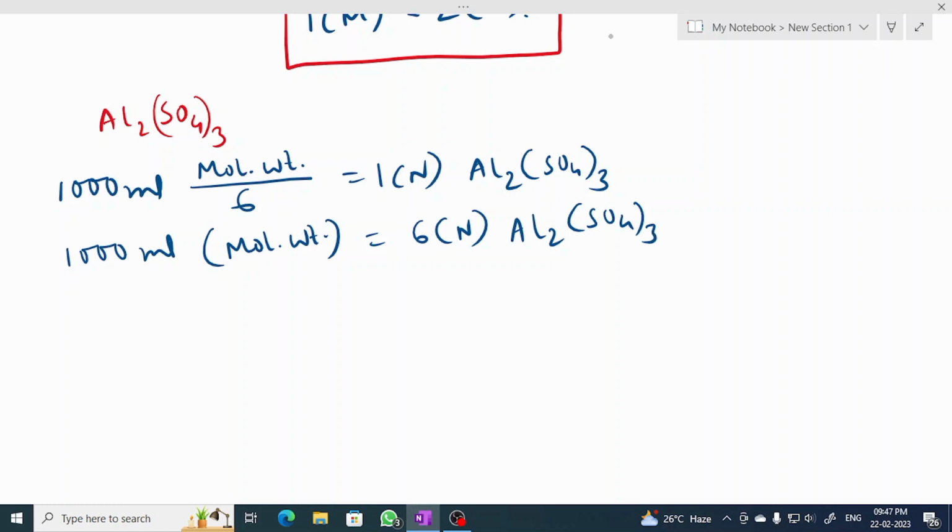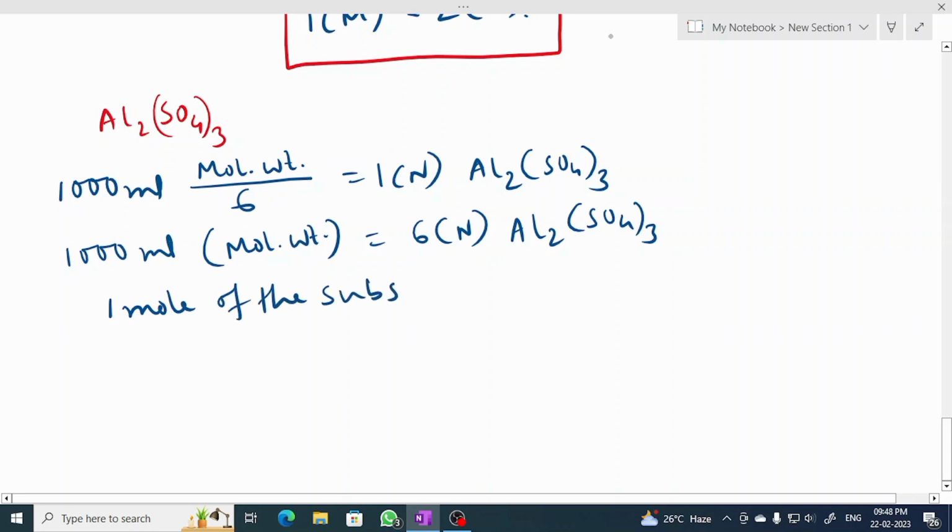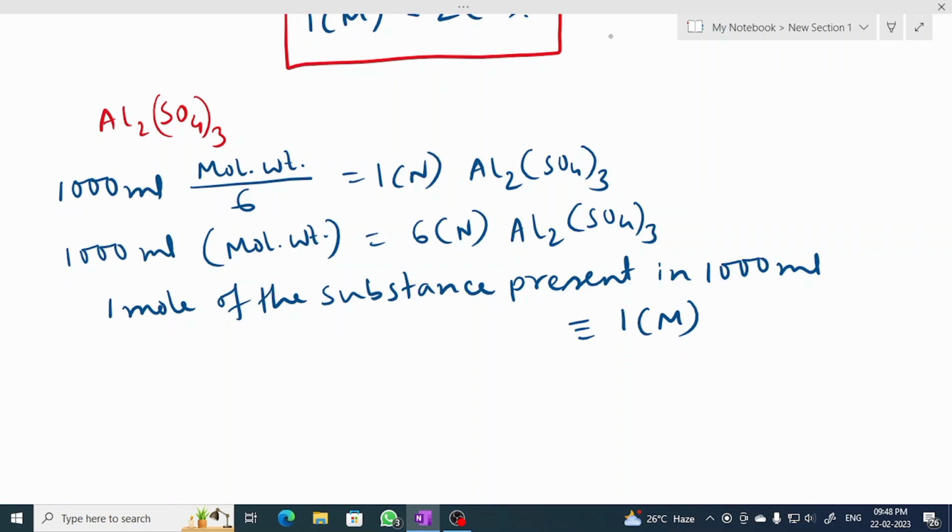Now molecular weight is basically the weight of 1 mole of the substance, and 1 mole of the substance present in 1000 ml is equal to 1 molar.